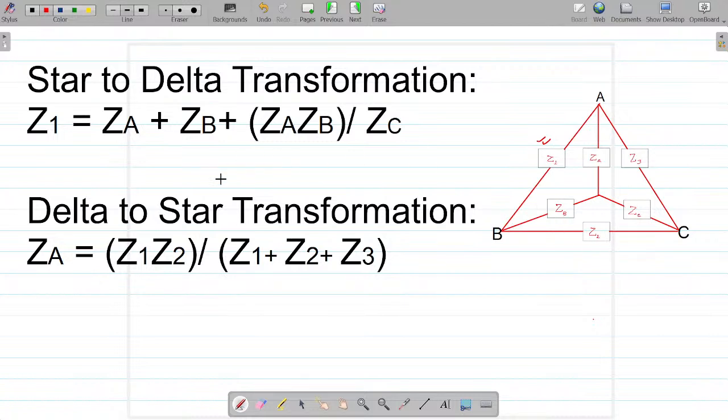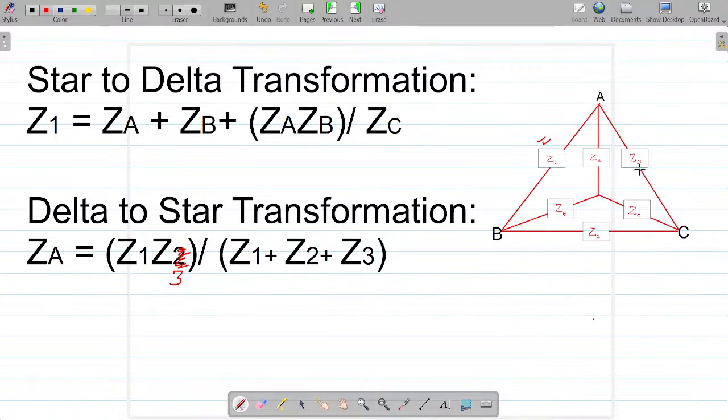Similarly, for delta to star transformation, what is delta? This triangle is delta. If I have to calculate ZA, this should be Z3, I'm sorry. If I have to calculate ZA, what will I write?